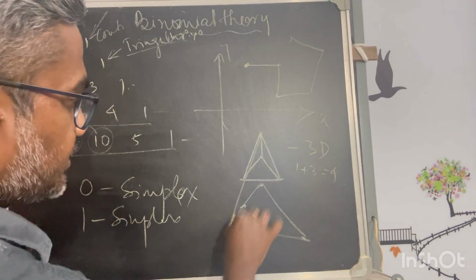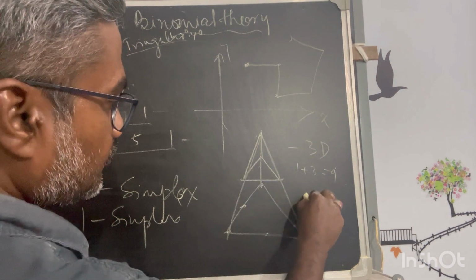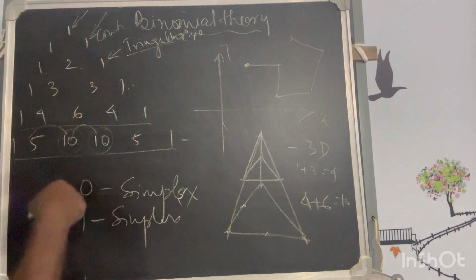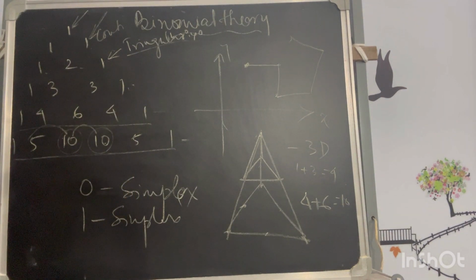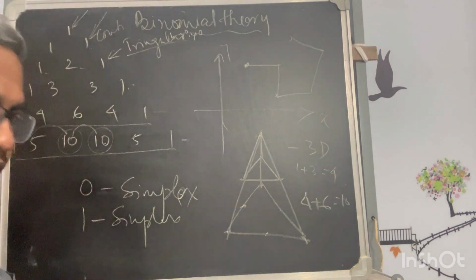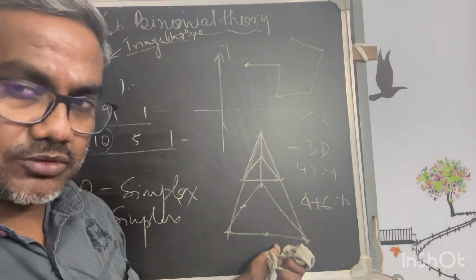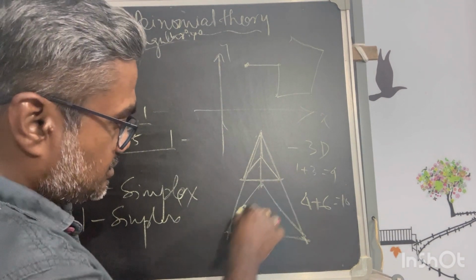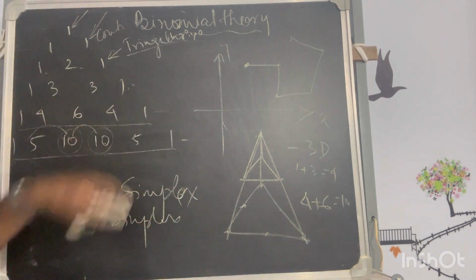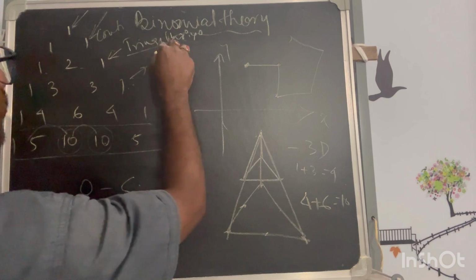If I extend it, it is 4 plus 6, which gives you 10. Further, this series will move like that, but it will be very difficult to continue. Up to this point it is okay. If we follow, it increases by 3, then 4, and like that. The next series is called the tetrahedral.